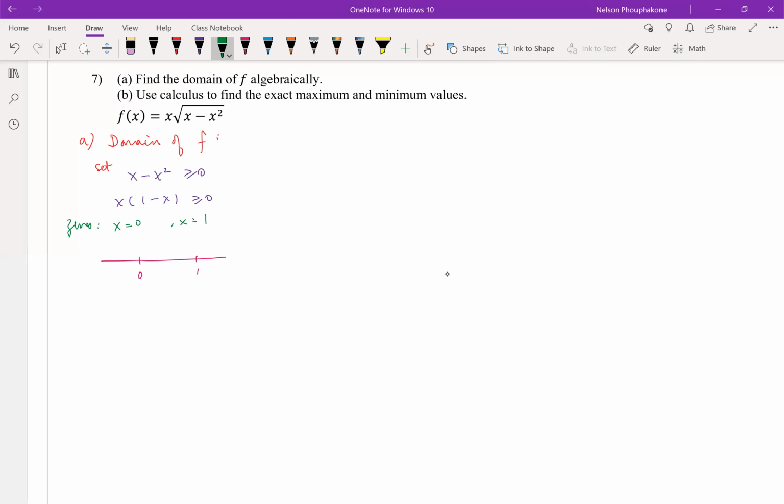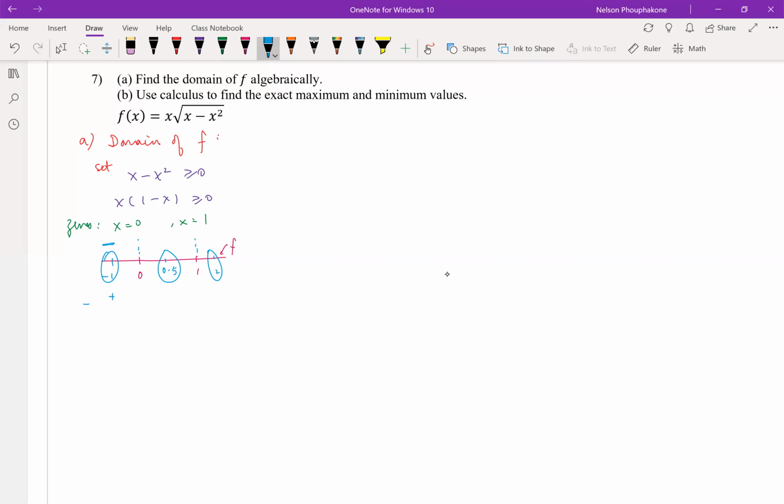Again, this is the f. We would like to select a number in between. When we plug in -1, I have negative, positive, so this is a negative interval.